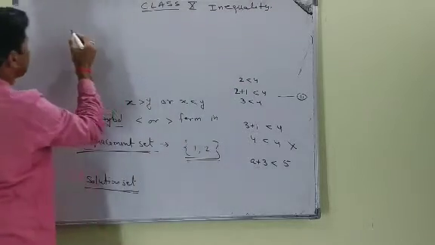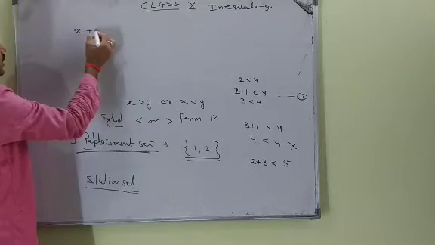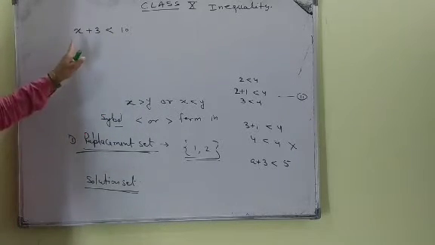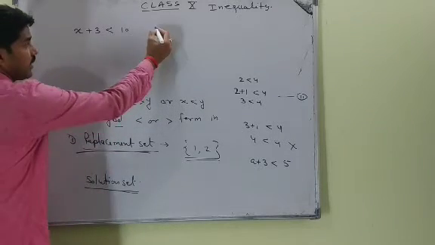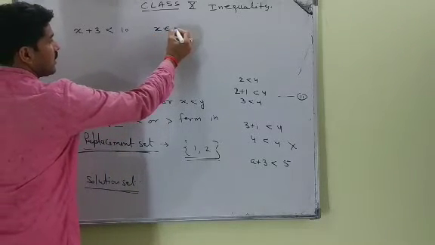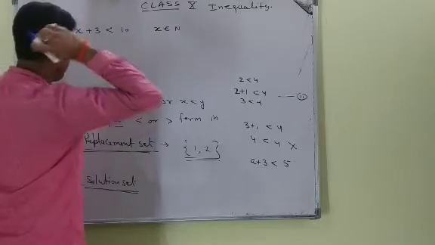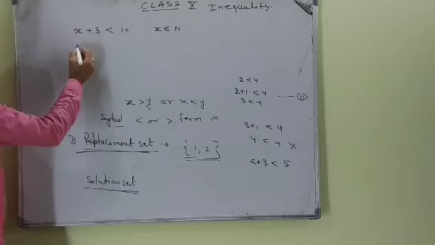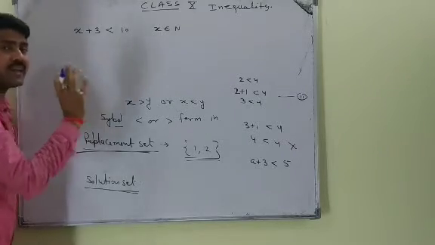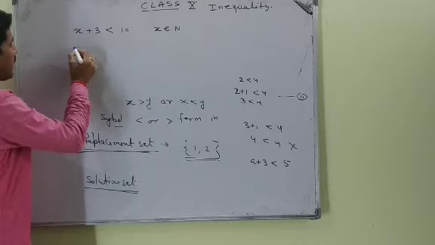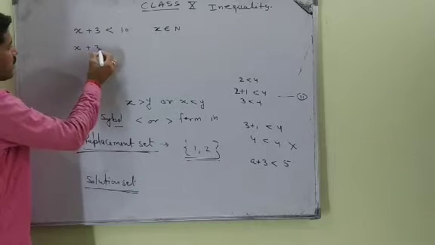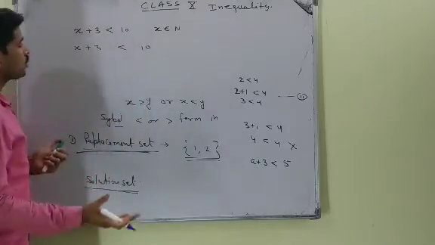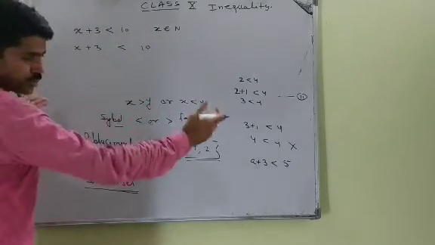Very simple. Let x plus 3 less than 10. How will you solve it? Given x is a natural number. So please solve it. Now this is the procedure. Mathematically, this is the rule of mathematics: we can use the same number on both sides.